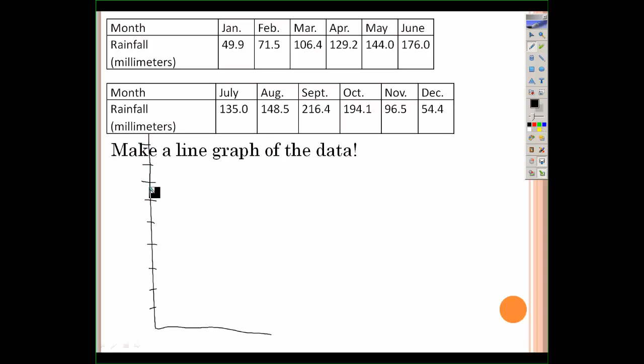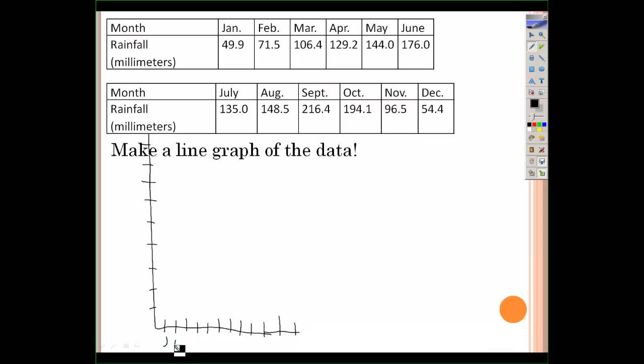And sideways, I'm just going to say this is Jan, Feb, March, April, May, June, July, August, September, October, November, and finally, a little farther, December.